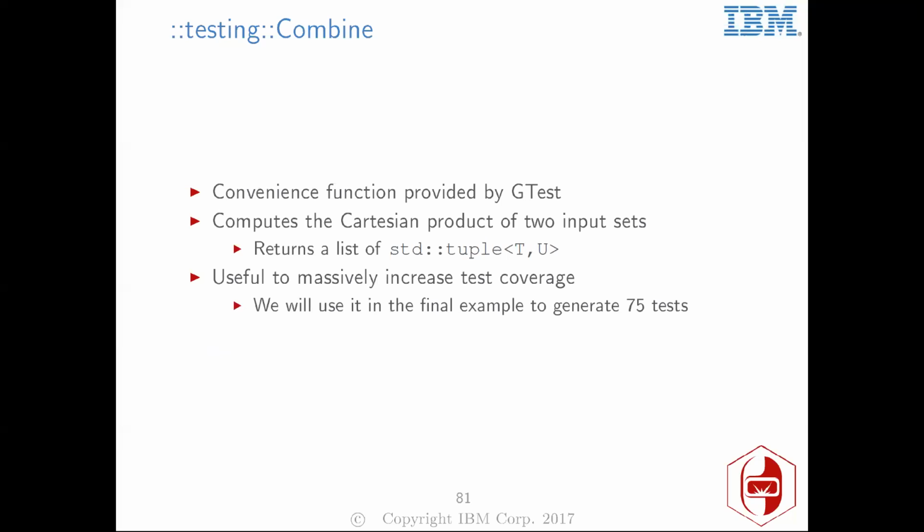It does require C++11 support, but if we do have it, it is very much worthwhile using, because it can massively increase test coverage with relatively little code. And at the end, we're going to use this to produce the 75 test cases I promised.